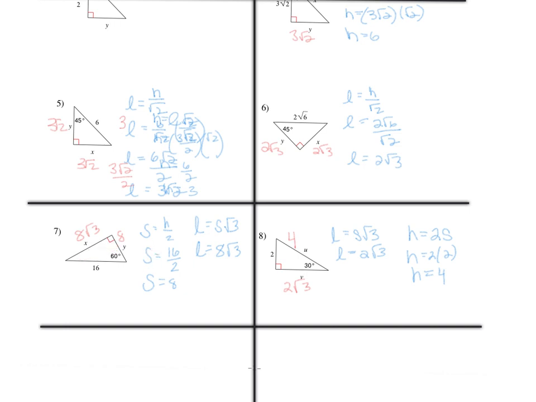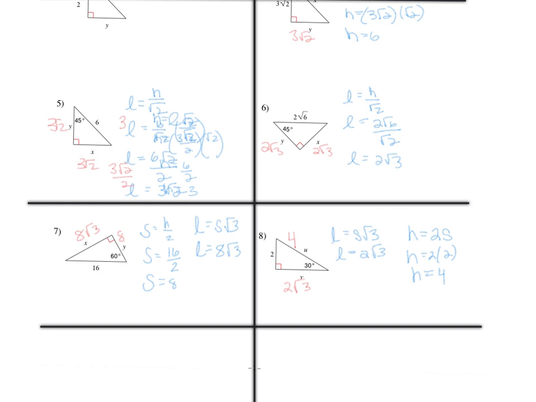The short side is equal to the hypotenuse divided by 2, so that gives us 8. And then the long side, which is the side opposite the 60 degree angle, is equal to the short side times the square root of 3. And so since the short side was 8, 8 times the square root of 3 is the long side.